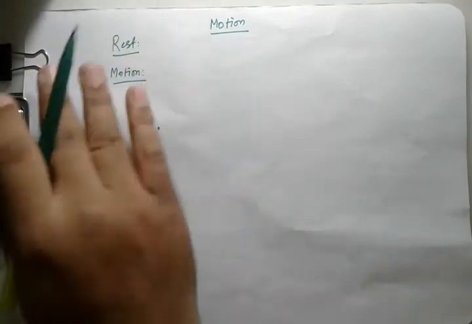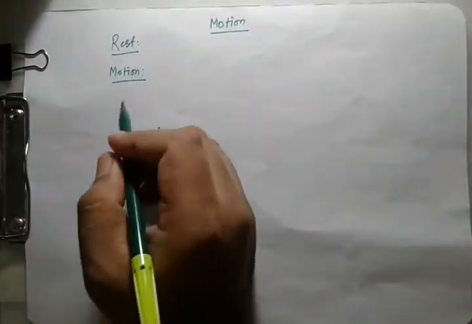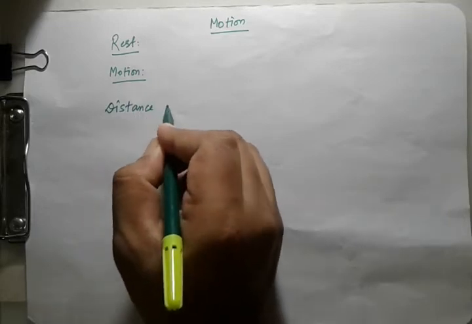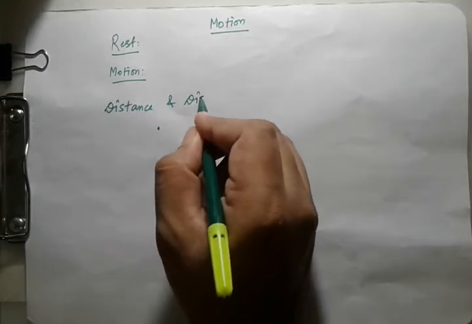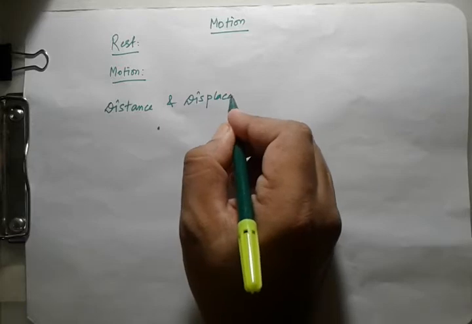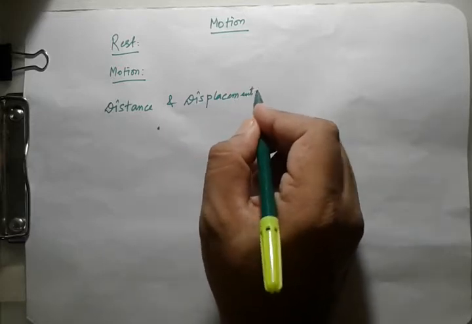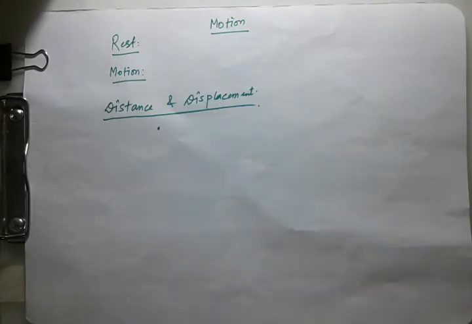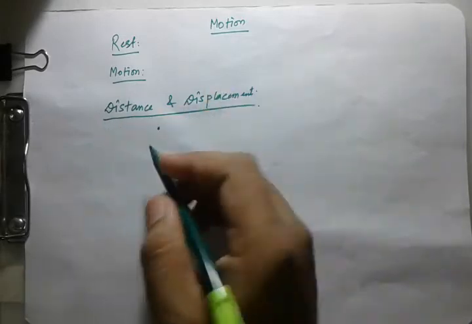Now next one we'll go to distance and displacement. Distance, you already know, is the total path covered, and displacement is the shortest distance between the initial and final position.